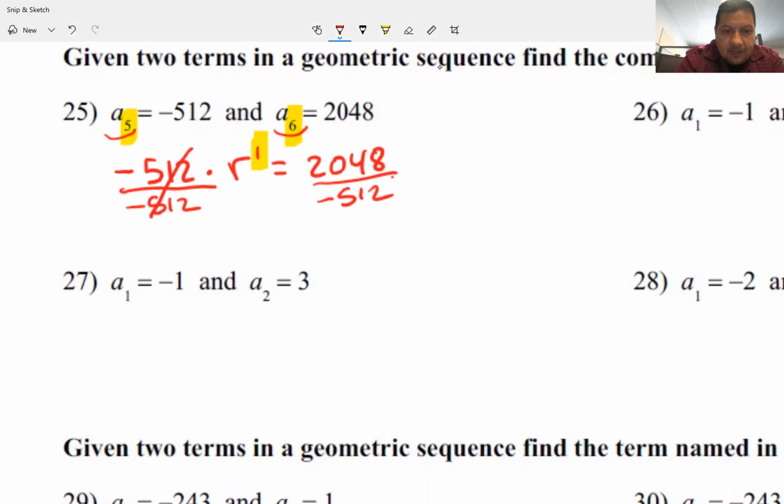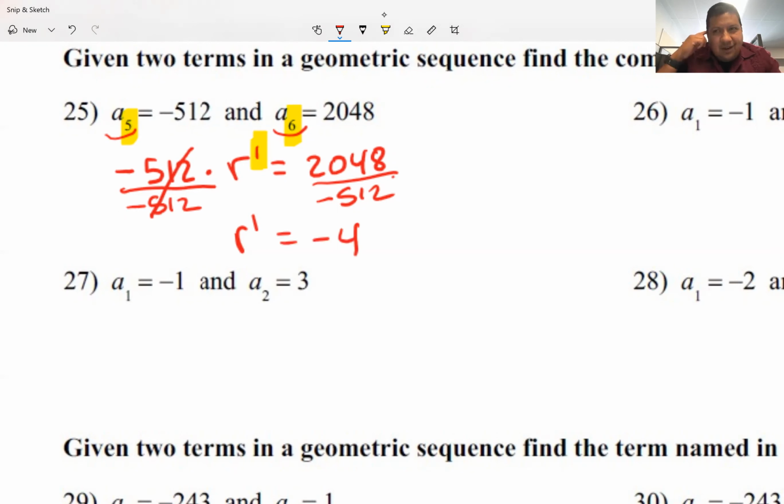So I'm going to say that R to the 1 is equal to, let me use my calculator, 2048 divided by negative 512, and it gives me negative 4.